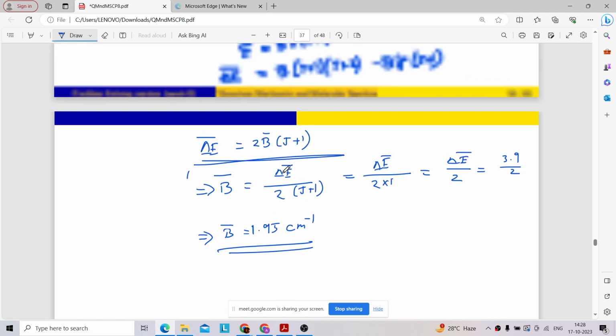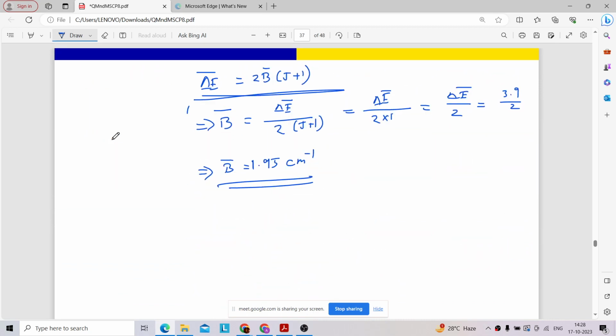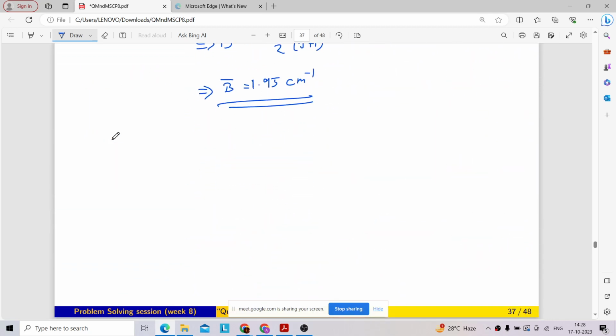Now what we have to do is calculate the transition line from J equal to 3 to 4. For any adjacent transition we have delta E equal to 2B times J plus 1, where J is the lowest value. This is in terms of frequency. In terms of wave number, we can write delta E bar is equal to 2B bar times J plus 1, right?